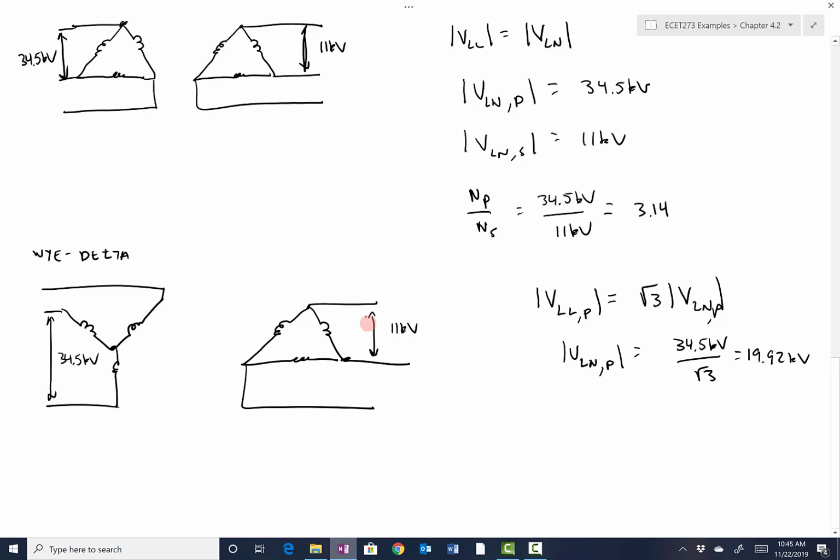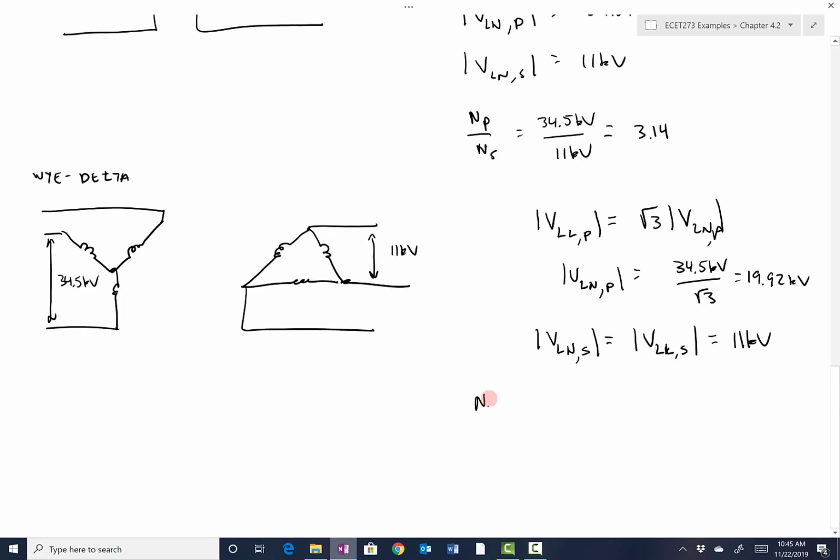And for the delta system, the phase voltage is the same as the line-to-line voltage. So for the delta, the magnitude of the line to neutral on the secondary is just equal to the magnitude of the line to line on the secondary. So that's just going to be equal to 11 kV.